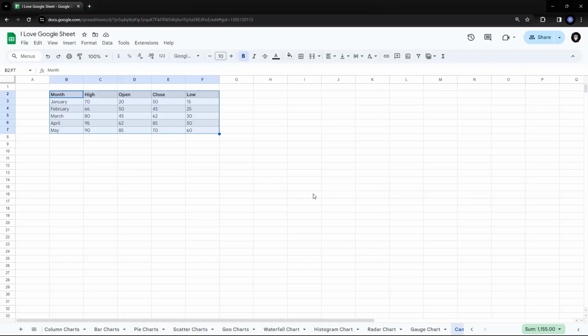So let's plot a candlestick chart first, and then probably we'll try to discuss it.